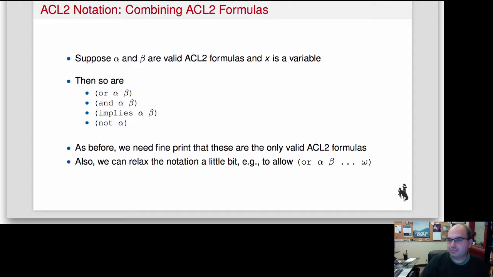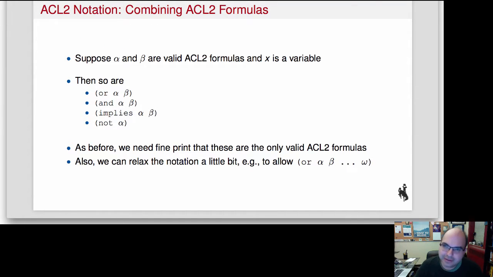So you see that they're all the same to ACL2. There's parentheses, a function, and then the arguments that it applies to. In this case, our function, quote unquote, is or, which is a logical connective. Same goes for and alpha beta, implies alpha beta, and not alpha, okay? Again, we're going to have the legalese that these are the only valid formulas, okay? This is it.